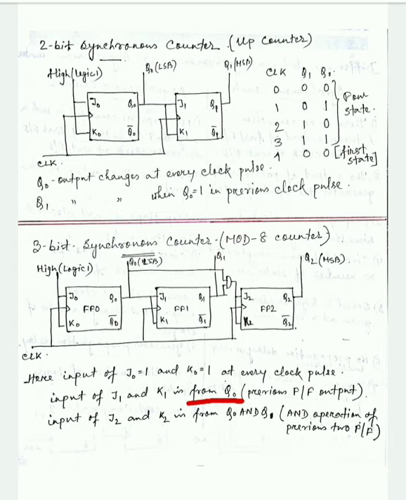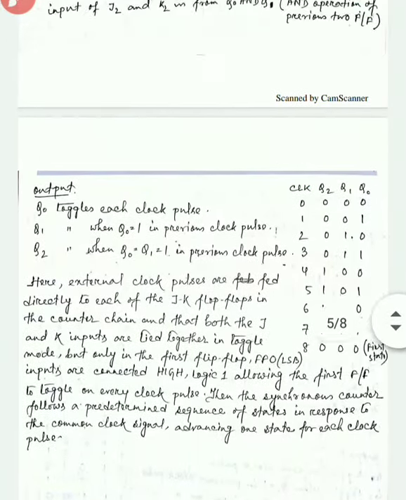And the input of J2 and K2, that means the third flip-flop, where does it come from? It comes from the AND operation of Q0 and Q1. Q0 and Q1 are the outputs of the previous flip-flops. So these are the input conditions. Now we see the output.